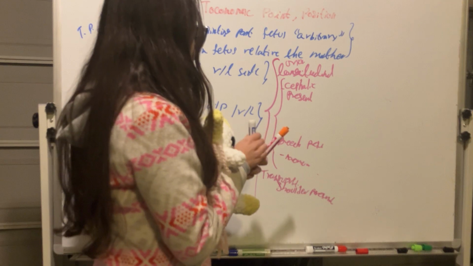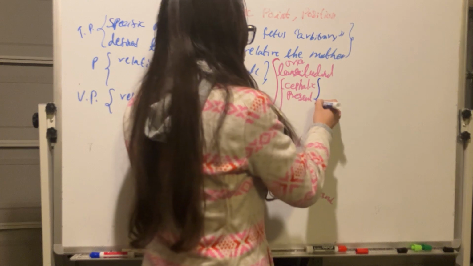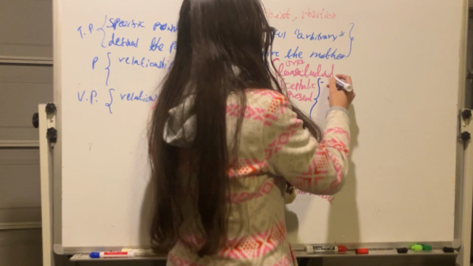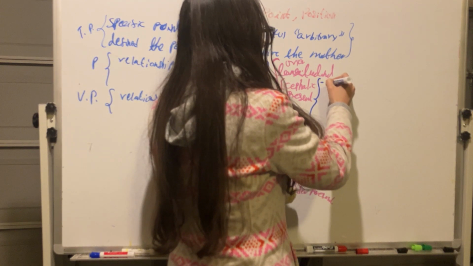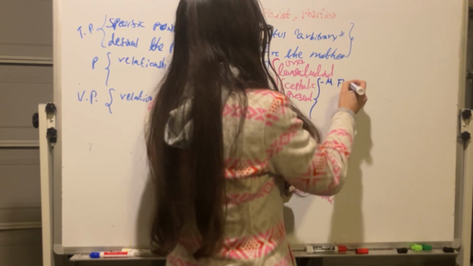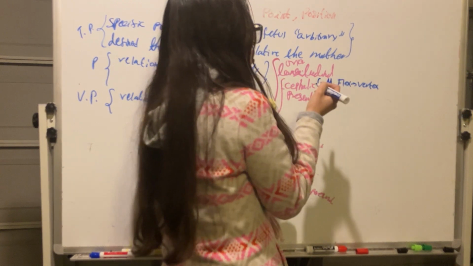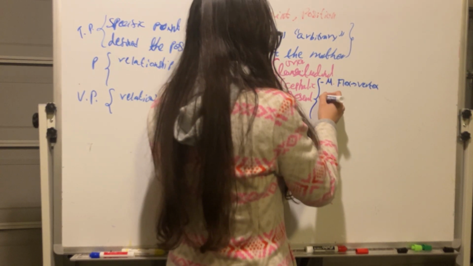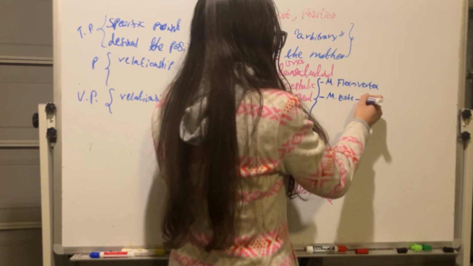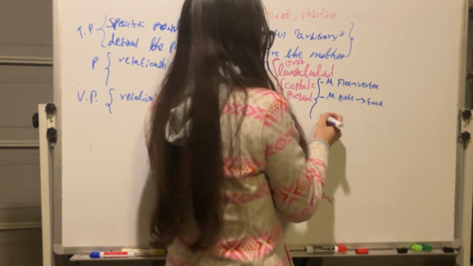The cephalic presentations we saw in the previous video, which we called attitudes: where we have maximal flexion of the head, this is a vertex presentation. We have maximal extension of the head, this is a face presentation.